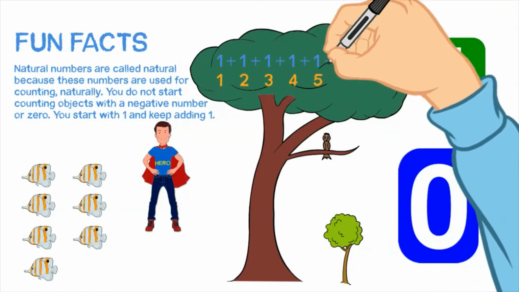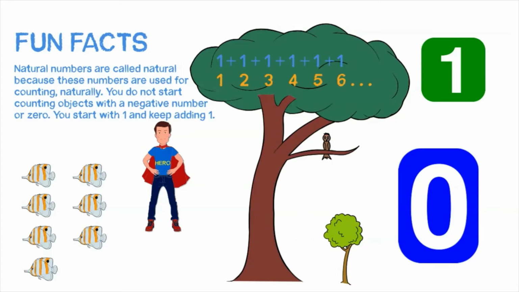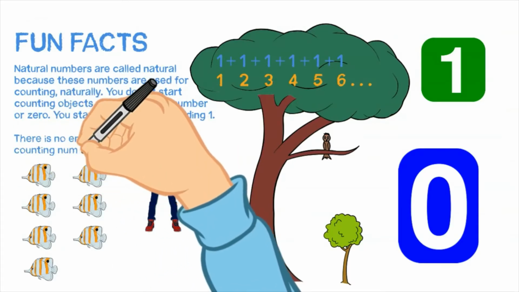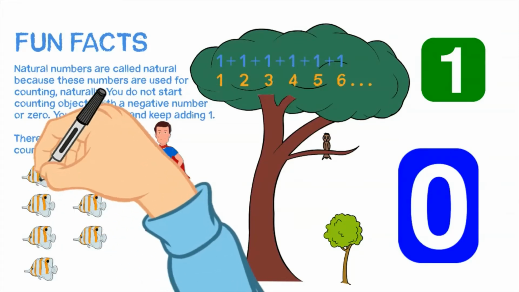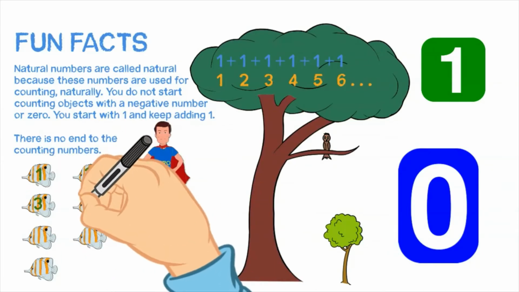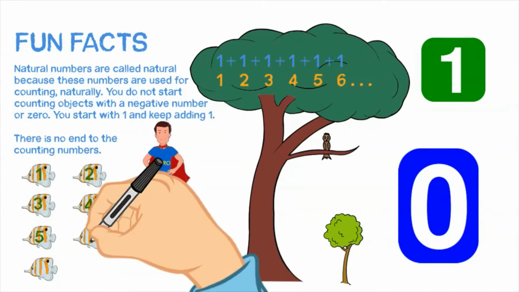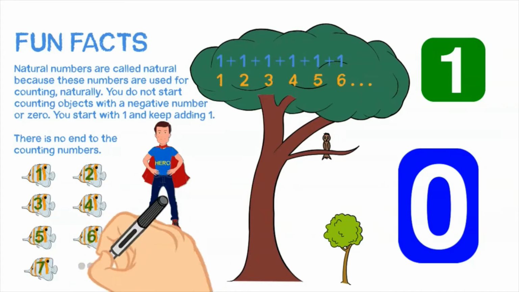Plus 1 gives you 5. Plus 1 gives you 6, and so on. There is no end to counting numbers. So if you start counting from 1, 2, 3, 4, 5, 6, 7, and so on, it will not end.